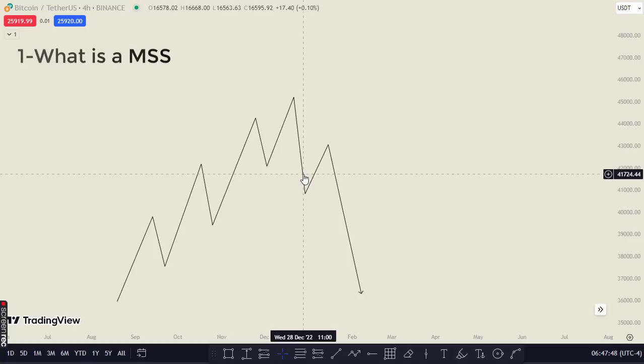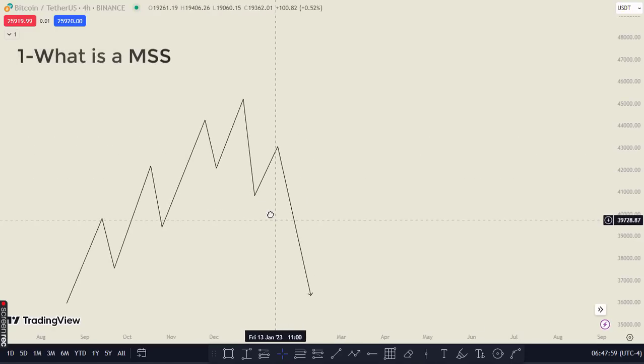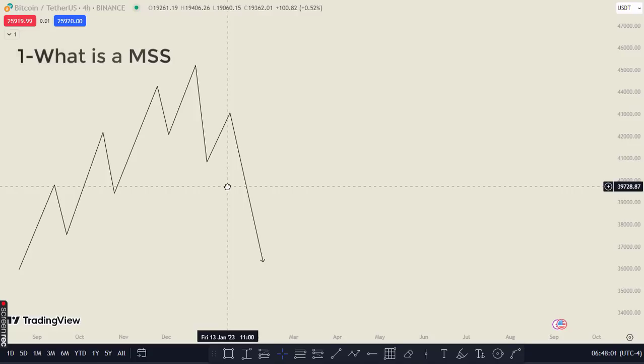It didn't give the chance for buyers, only sellers right here. So it needs to rebalance that inefficiency and then continue lower. So these are the 3 properties of a market structure shift. These are not the confluences that I want to look for. If you don't have these 3 properties, you don't have a valid market structure shift.